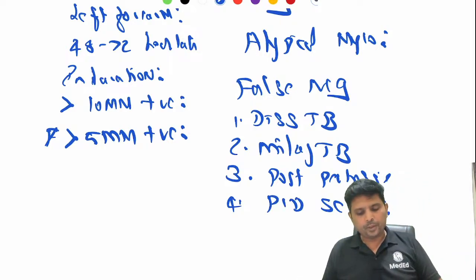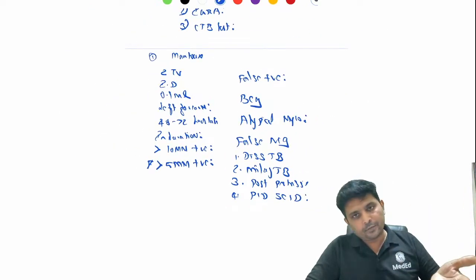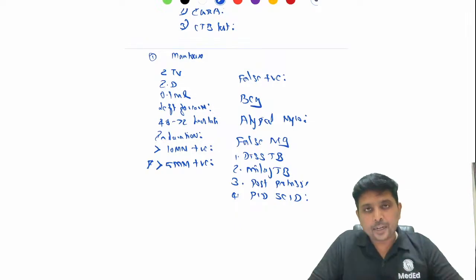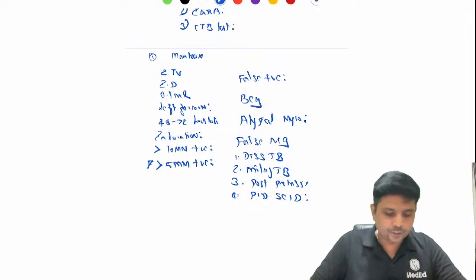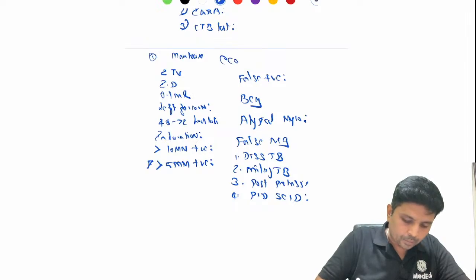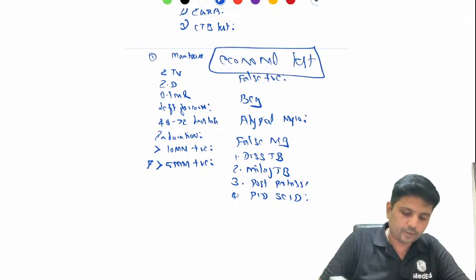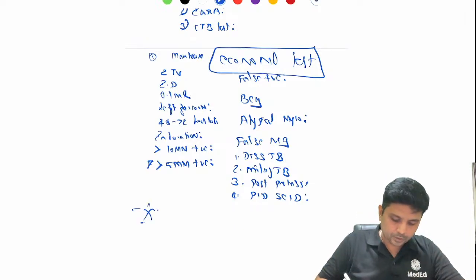In these children, they will have a false negative Mantoux. Even though the child is infected, you will get a negative result, no induration. So Mantoux neither confirms nor rules out an underlying infection. It is an economical test to find out infection, but it is not specific.